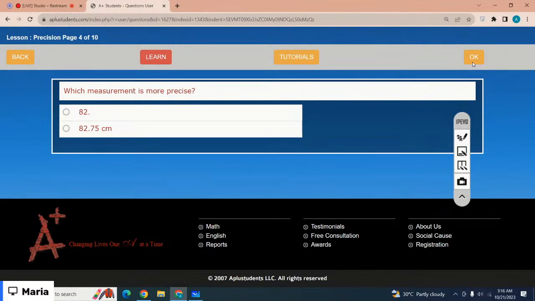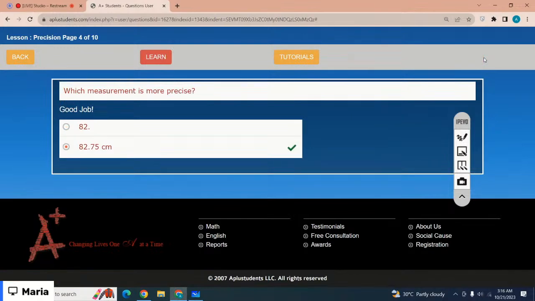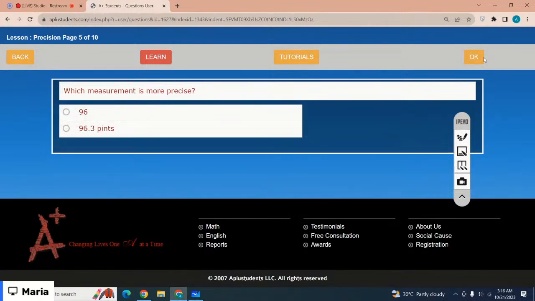Okay, which measurement is more precise, 82 or 82.75? Which is the correct option? Yes, the correct option is 82.75, right? 82.75 is more precise than 82. Okay, which measurement is more precise, 96 or 96.3?